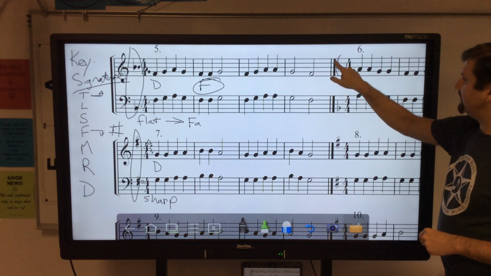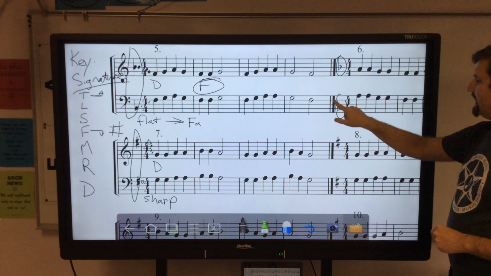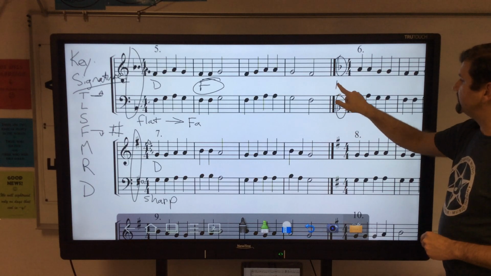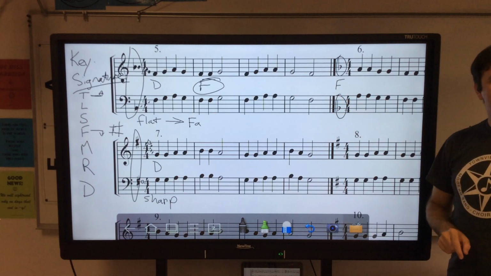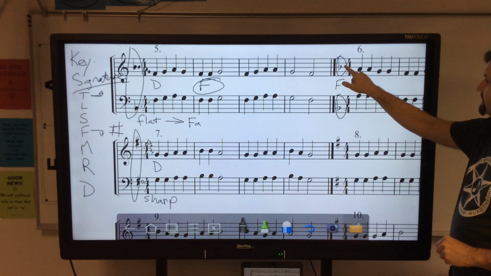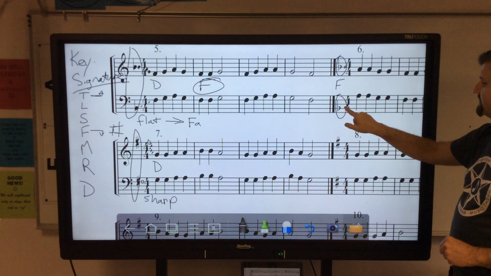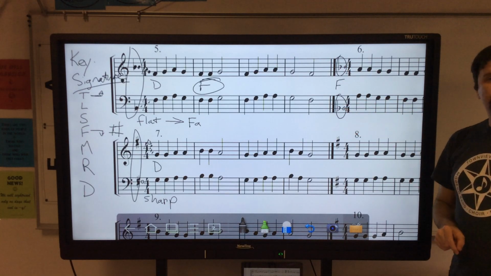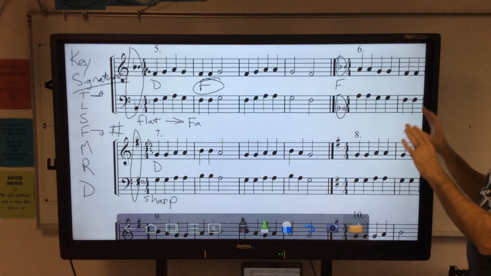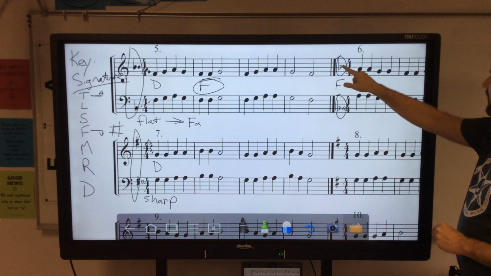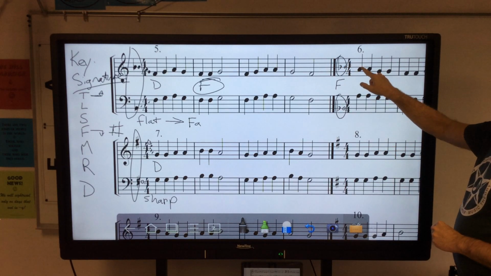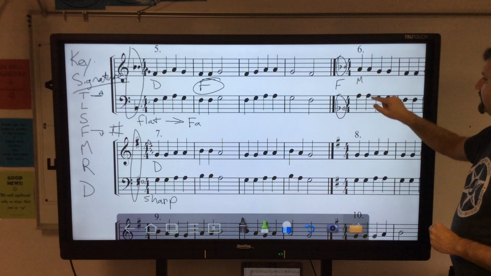This is a flat, and that flat tells me that that note is fa. That line, in this case it's the third line, in this case it's the second line, that note is fa. So when I find my starting note, I count from there. Fa, just down one note, to mi.